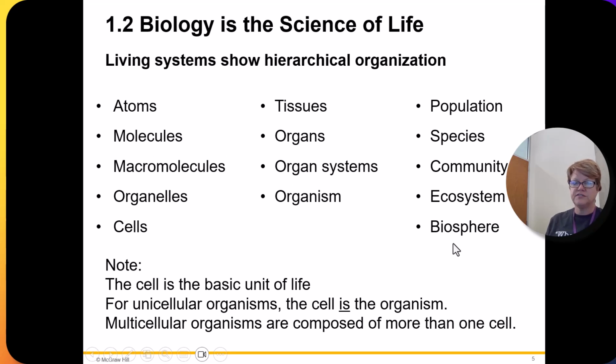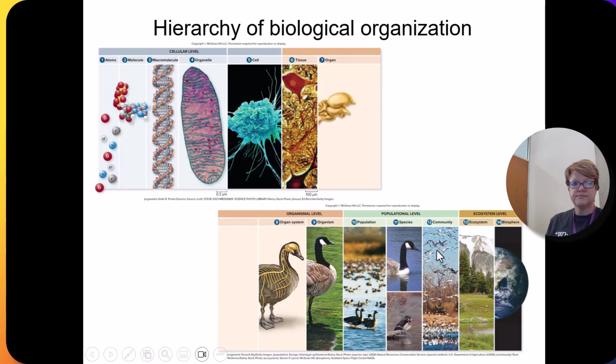So biosphere is the world, the Earth. Here's your picture from your textbook. They start with atoms here: hydrogen, nitrogen, oxygen, carbon. And keep in mind, you're zoomed really close in. You're looking at something really, really small in this diagram here on number 1. And then as you go across, as the structures get bigger and bigger, you're zooming out.